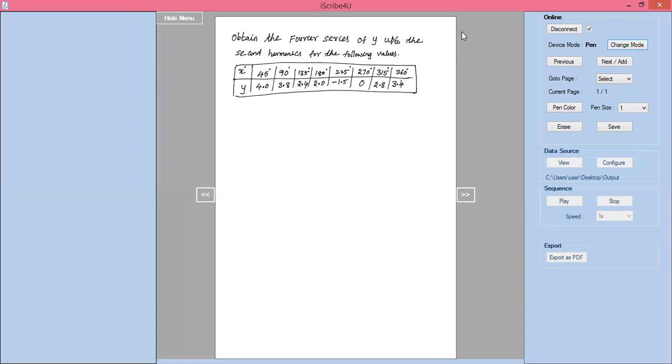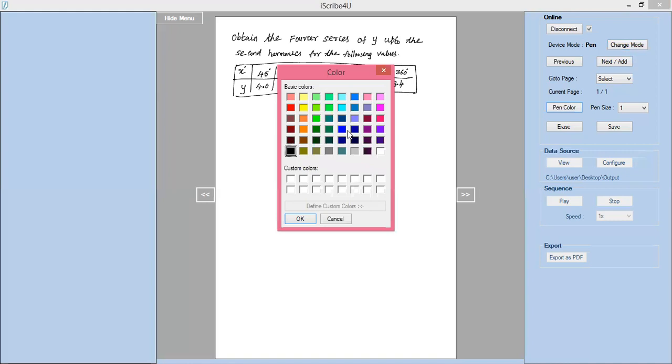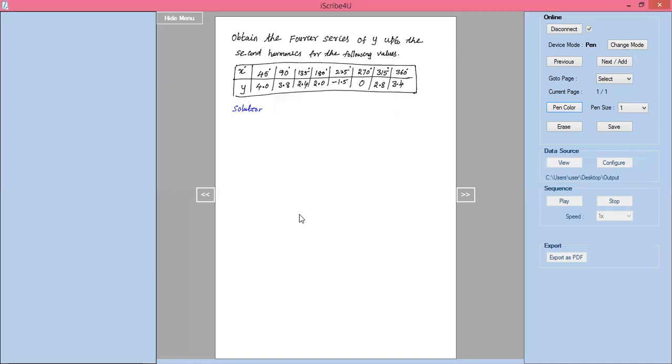Right, so we have to find up to the second harmonic. Already we know the formulas. How do you find up to the second harmonic? Solution. We know that, how do you write this one? F of x equal to, the general formula will write a naught by 2 plus summation of n equal to 1 to infinity an into cos nx plus summation of n equal to 1 to infinity bn into sin nx.